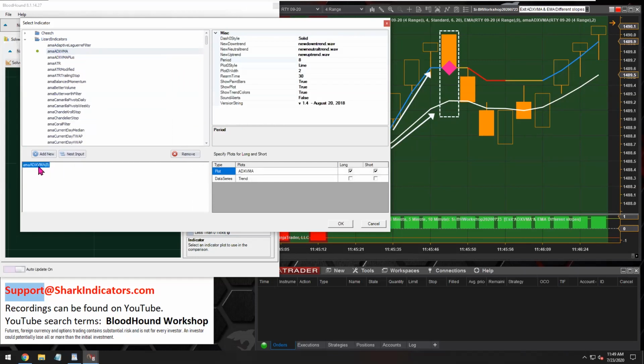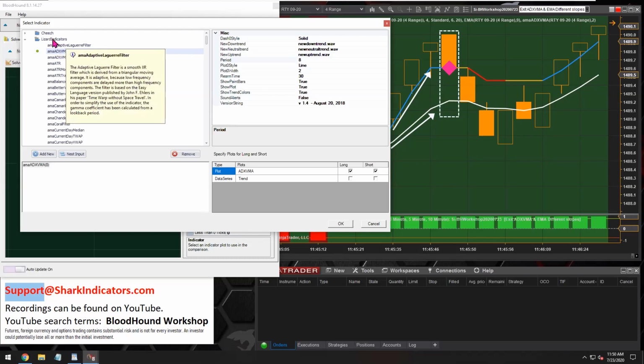If you don't have this indicator, you can download the ADXVMA from Futures.io. There's a version of this on Futures.io, but the latest version is going to be on the Lizard Indicators website.